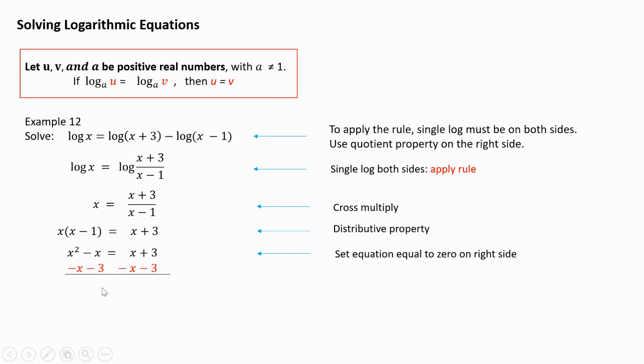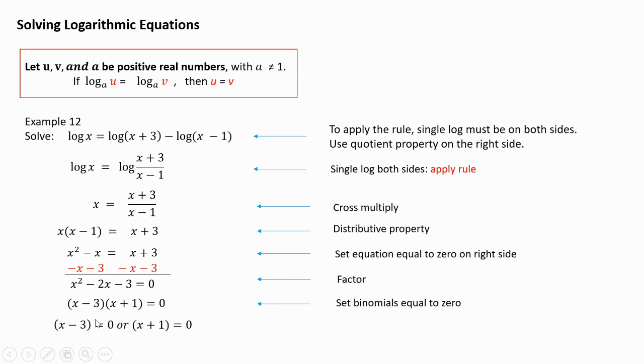Now x squared minus 2x minus 3, we've got to factor. It is equivalent to x minus 3 and x plus 1. We set each binomial equal to 0, so x minus 3 equals 0, or x plus 1 equals 0. So the solutions are x equals positive 3 and x equals negative 1.